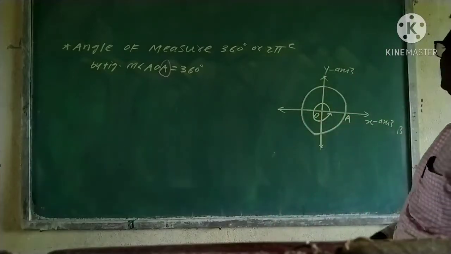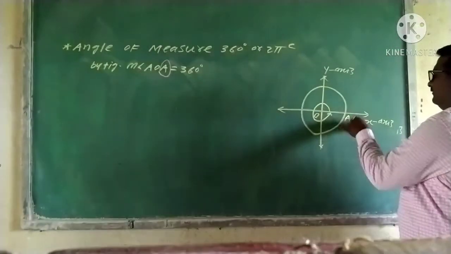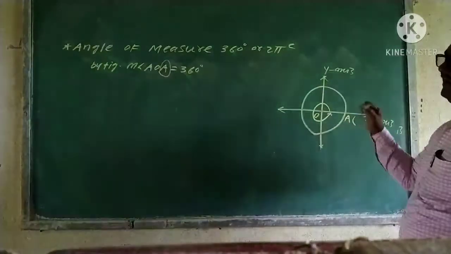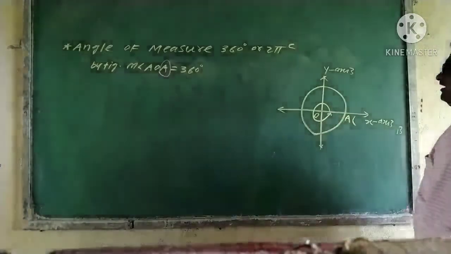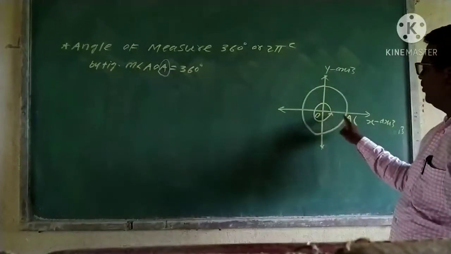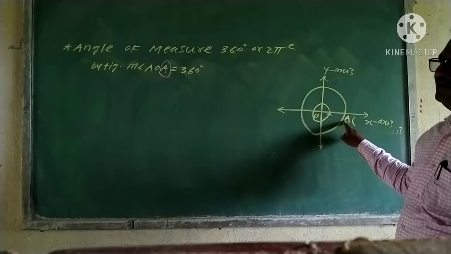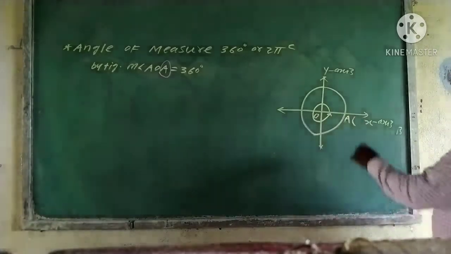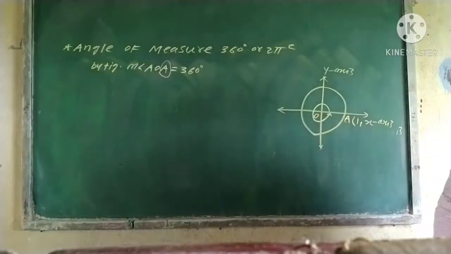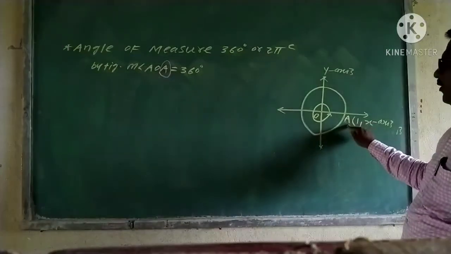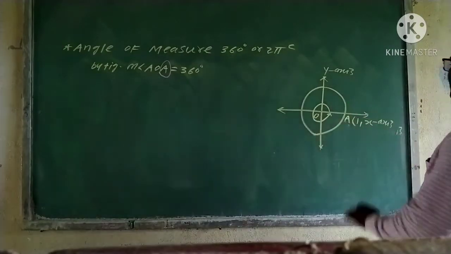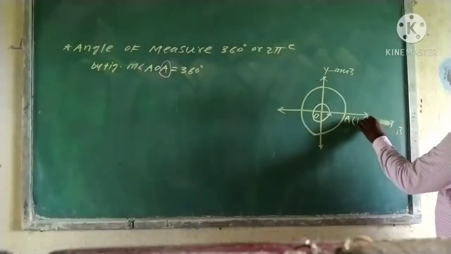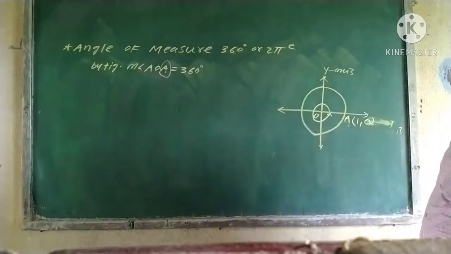The point A lies on the positive direction of x-axis, so its x coordinate is positive, and OA is the radius of the unit circle, so the distance OA equal to 1. The point A lies on x-axis, so its y coordinate equal to 0.